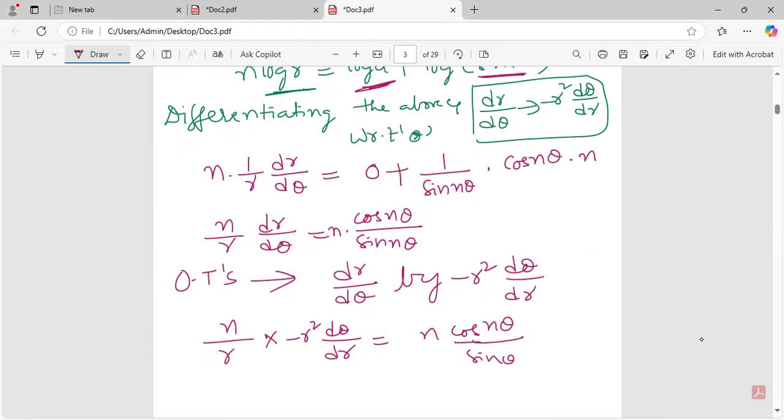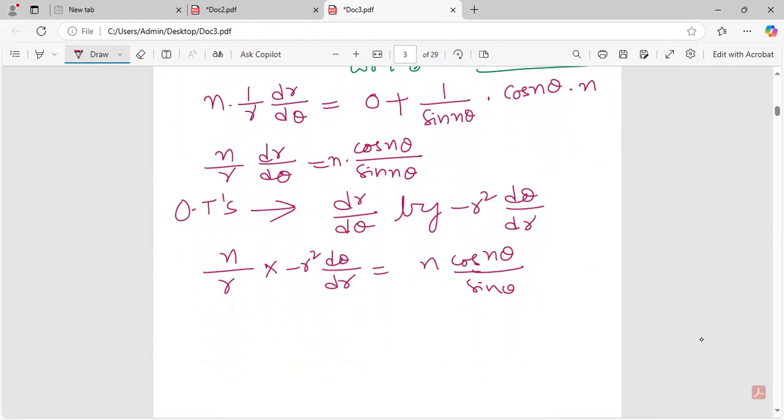The best thing to do is variable separable: separate all the theta terms and all the r terms. Of course, this n and n can be cancelled. So I'll be getting sin n theta by cos n theta d theta equal to dr by r.